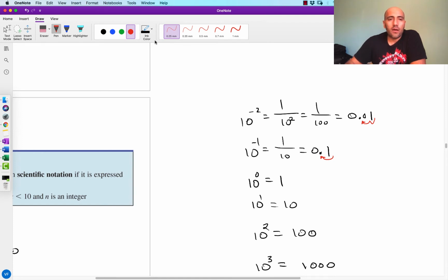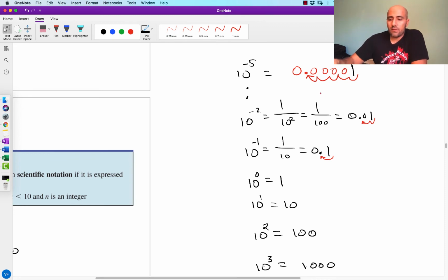Okay, so it doesn't take a lot to realize what happens if we keep going this way. What is 10 to the negative 5 going to be? Well, start off with a 1 and then move it over 1, 2, 3, 4, 5 spaces, which means we have to introduce 1, 2, 3, 4 zeros. 0.00001, right? 4 zeros in there.